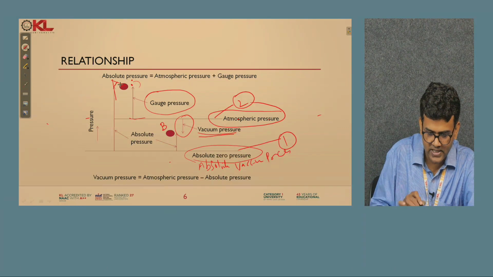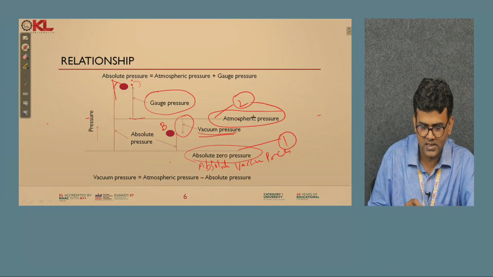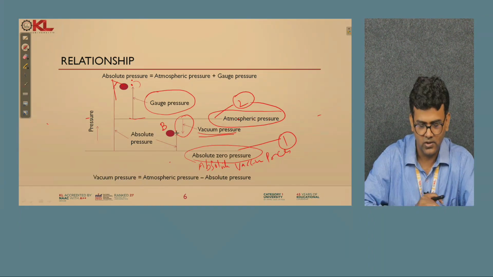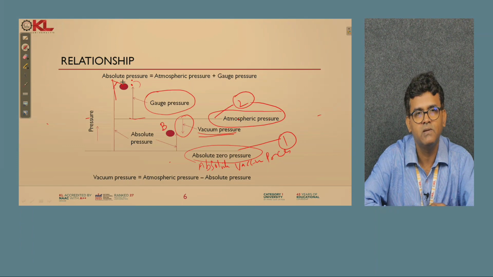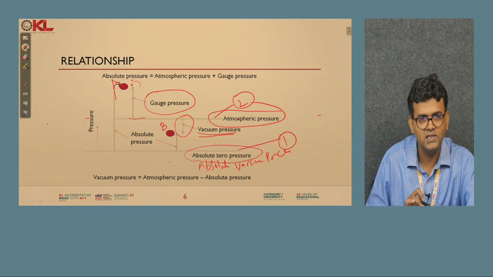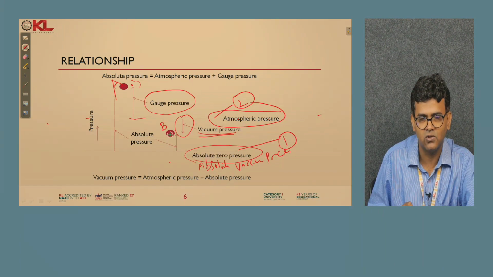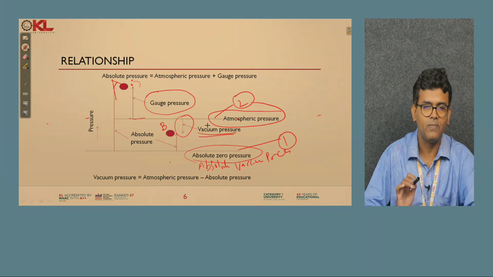These both points A and B are measured in respect of atmospheric pressure, but one is above the atmospheric line, one is below the atmospheric line. The point which is above the atmospheric pressure line, the pressure at that point is called the gauge pressure, and the point which is below the atmospheric pressure line, the pressure at this point is called the vacuum pressure.